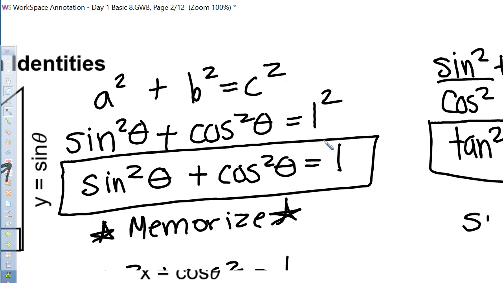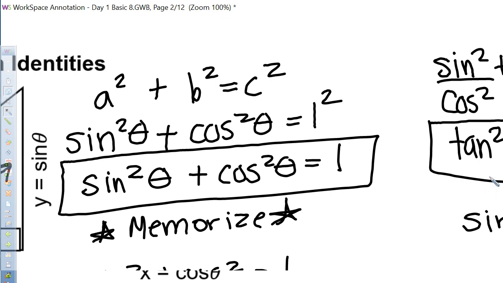Let's see. 2 more. Sine squared plus cosine squared equals 1. What if I want to get sine squared by itself? What would I have to do? Subtract cosine squared to both sides. So that gives me sine squared equals 1 minus cosine squared.